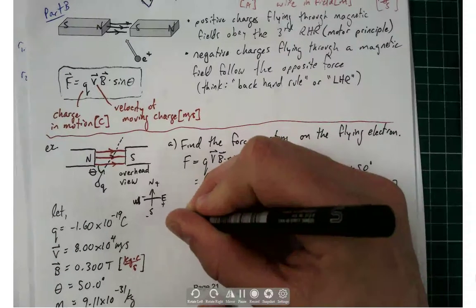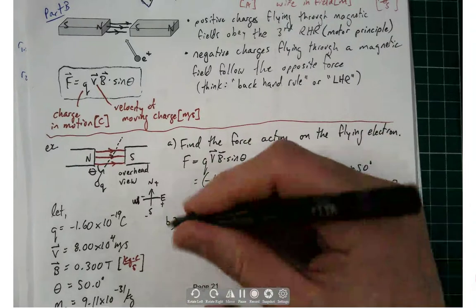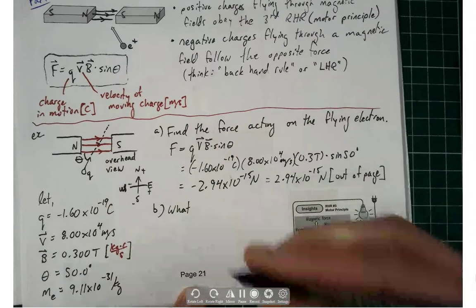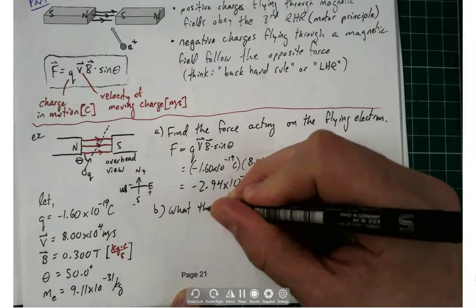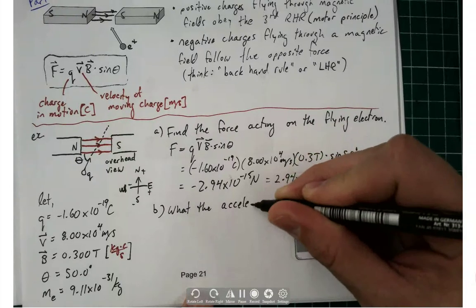All right, so we could do a therefore statement, but I want to do another question. What would the acceleration of the electron be? We're always talking about particle accelerators with these things.